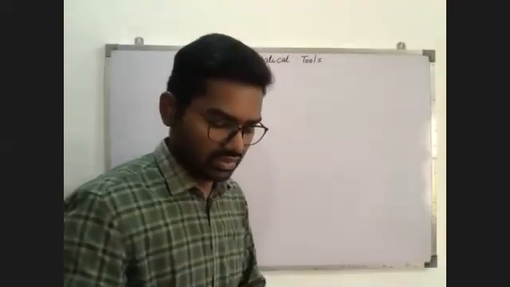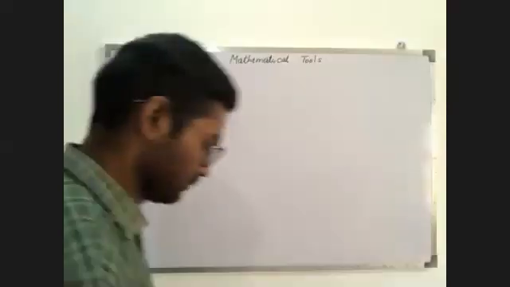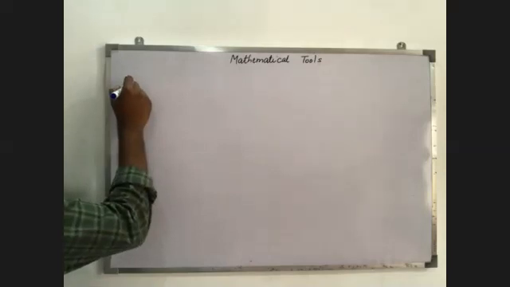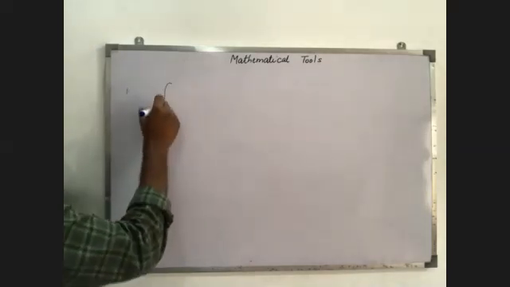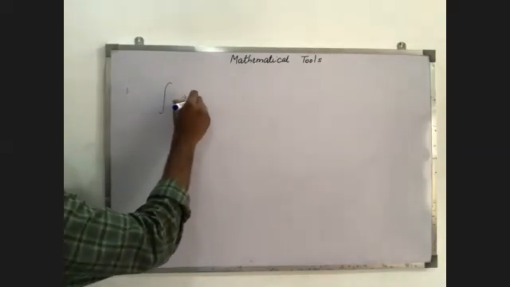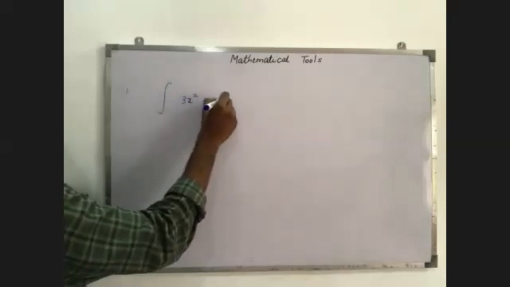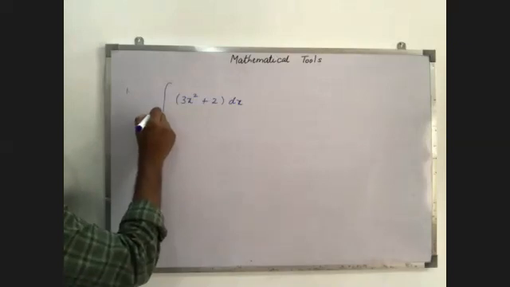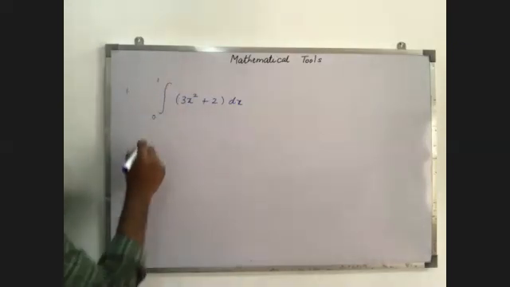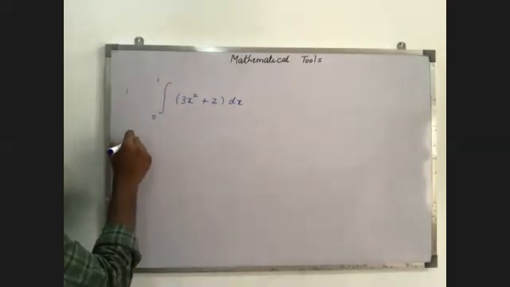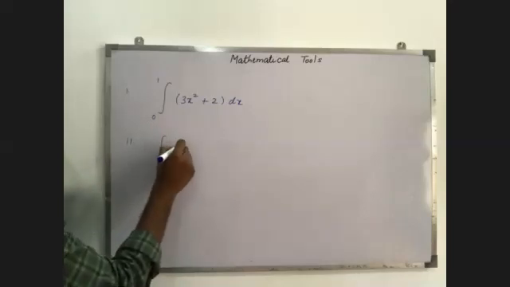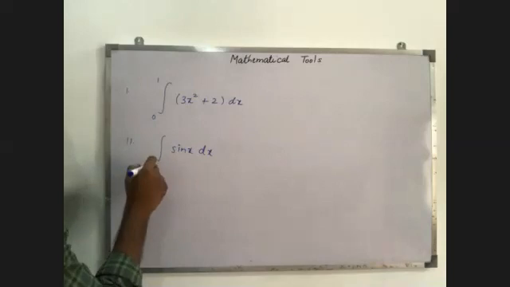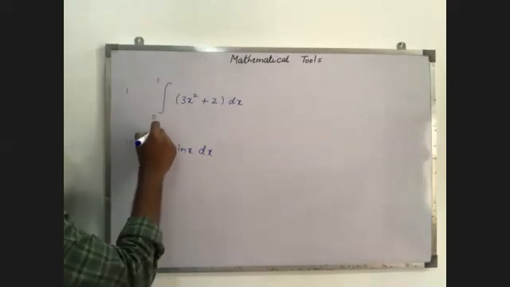Now everyone try to solve these questions. First one, integration of 3x square plus 2 dx from 0 to 1. Second one, sin x dx from 0 to pi by 2.